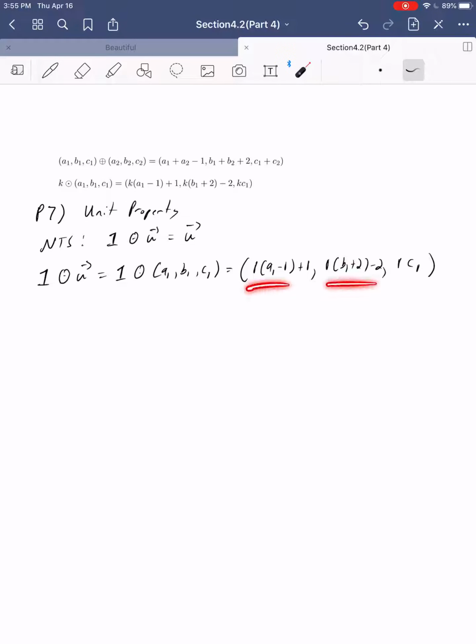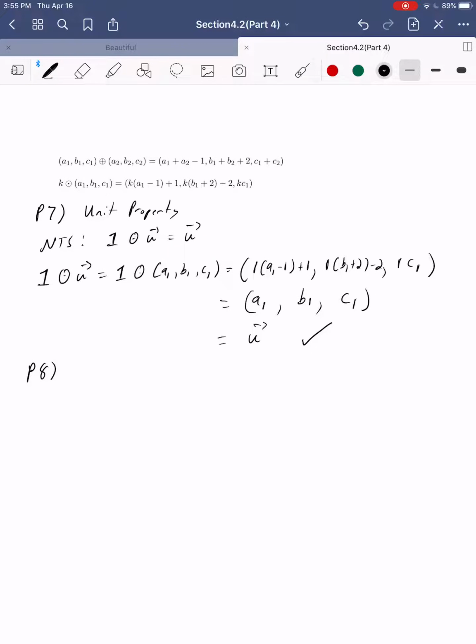Then let's go ahead and simplify these components. So looks like we get a1, and then 1 times b1 plus 2 is going to be b1 plus 2 minus 2. That's going to be b1, and then finally c1. And that, of course, is just equal to u. And there we go. So we've shown the unit property here, right? That if we scalar multiply by 1, then we get back to the original starting point.